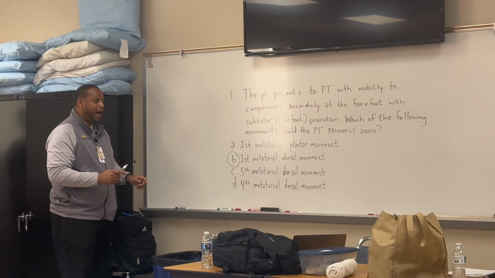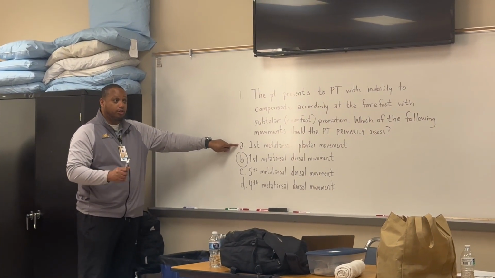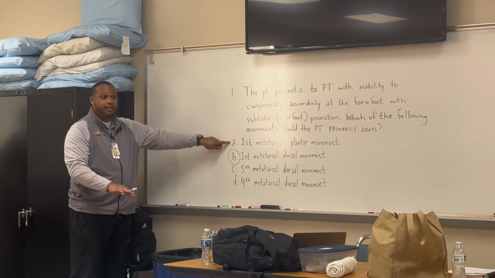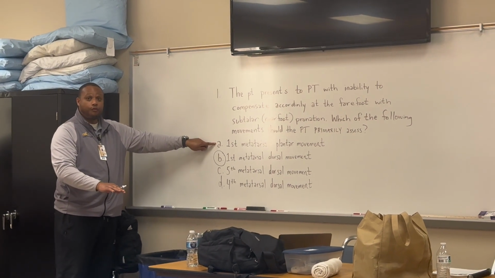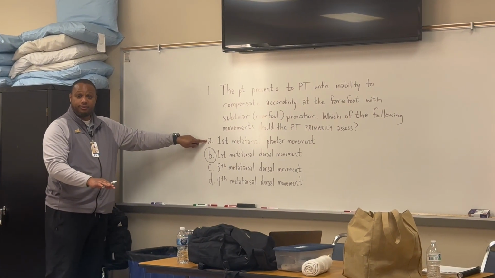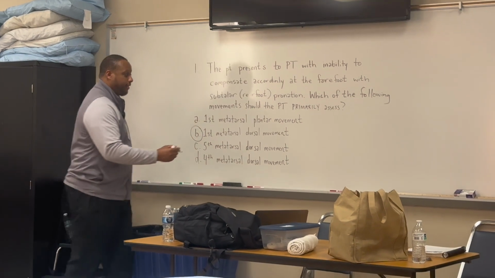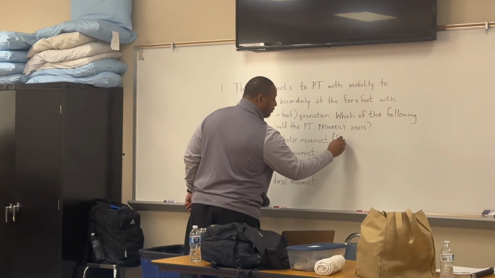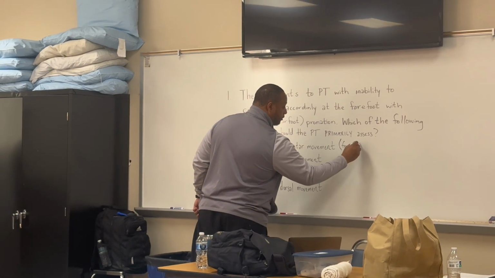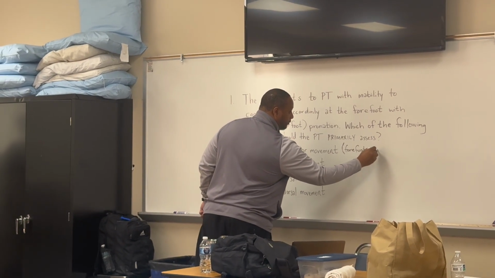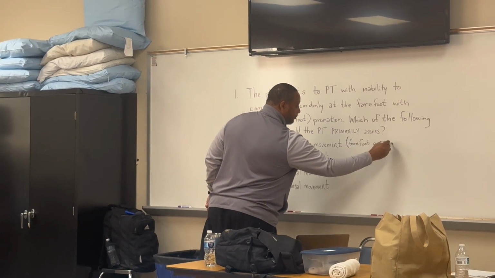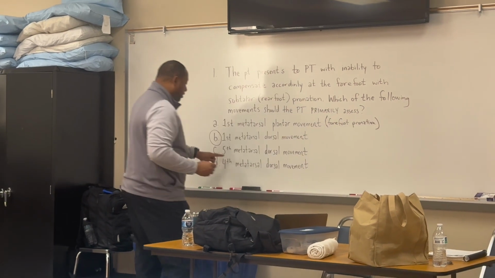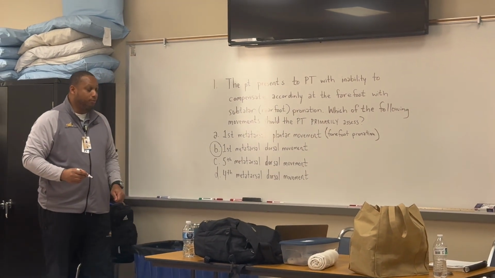Now let's rule out: if the first metatarsal is making a plantar movement, what is happening? The forefoot is doing what? Likely it's pronating. So this will be with forefoot pronation. Now, fifth metatarsal dorsal movement.